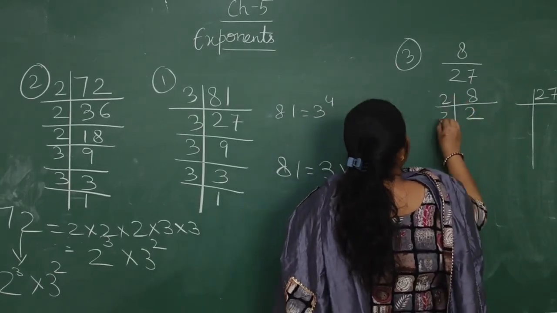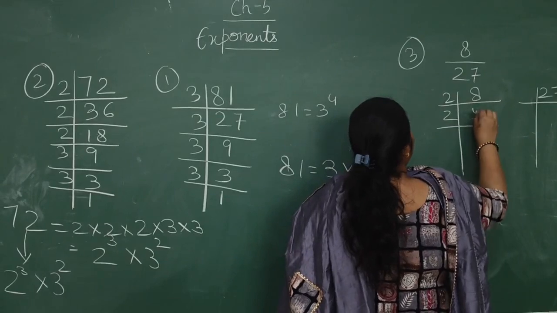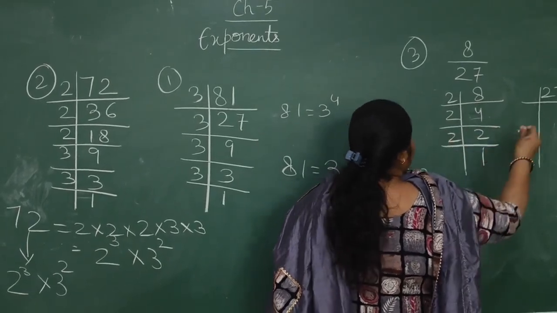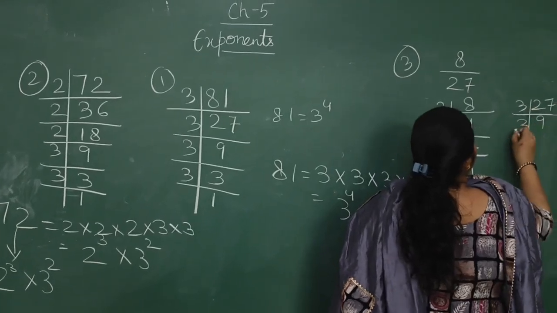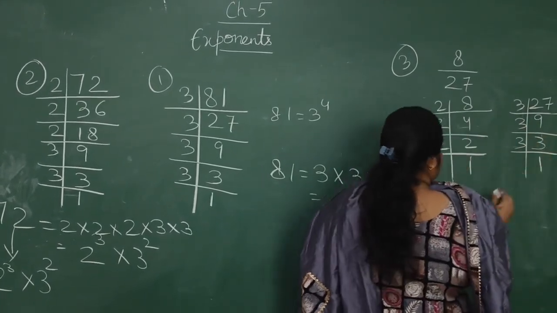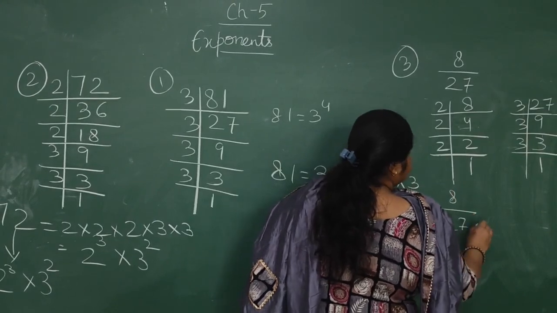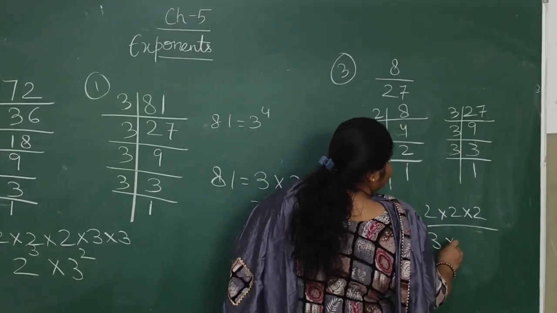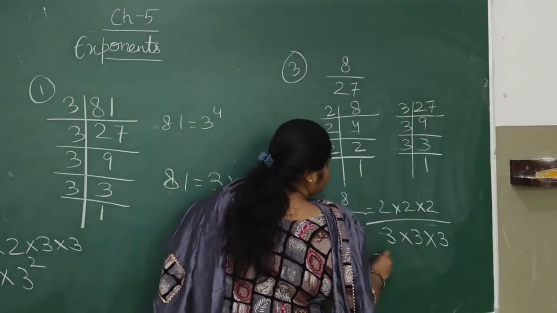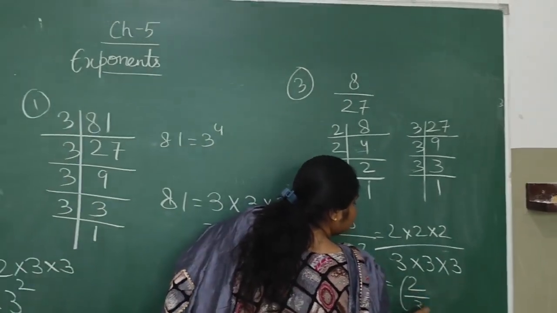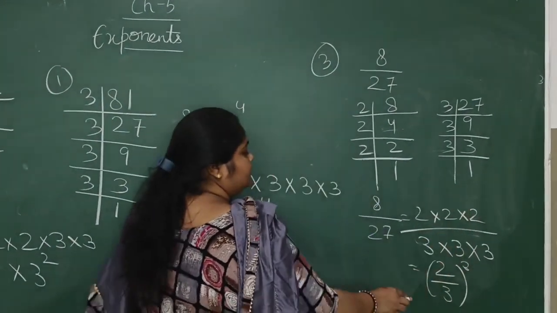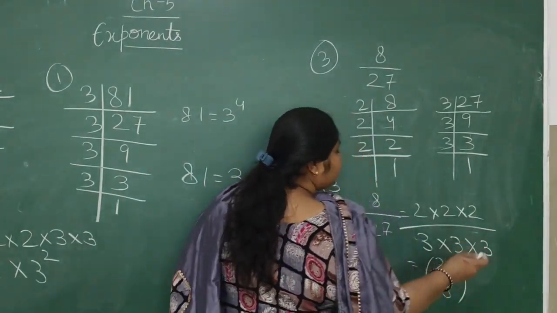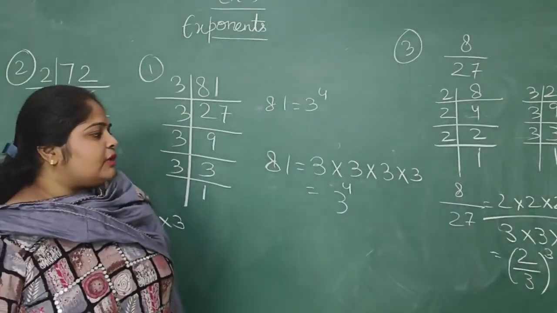LCM of 8 will be this, and LCM of 27 will be this. So 8 upon 27 is equal to 2 multiply 2 multiply 2 upon 3 multiply 3 multiply 3. So the answer will be (2 upon 3) whole to the power 3. Okay, so this way you can write a fraction in exponential notation.